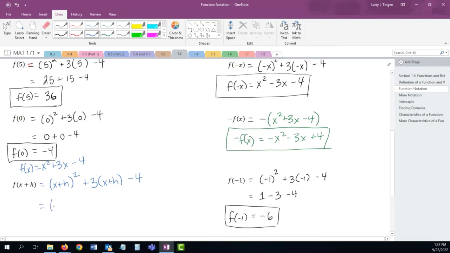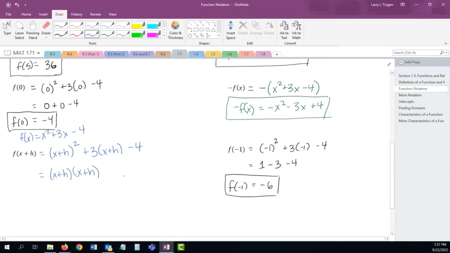Don't forget, x plus h squared, do not distribute that power to the x and the h and stop. That means x plus h times x plus h. For the middle term, I need to distribute that 3.